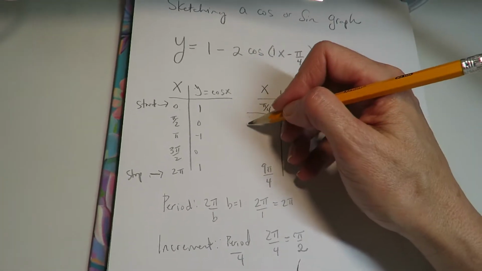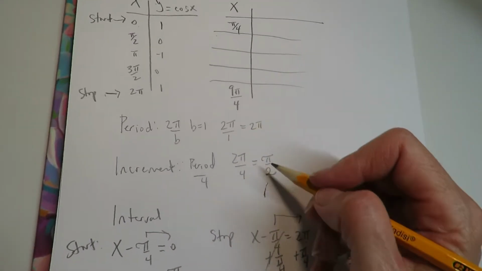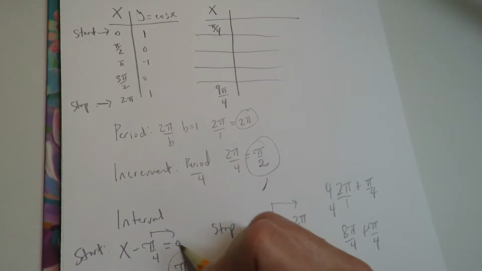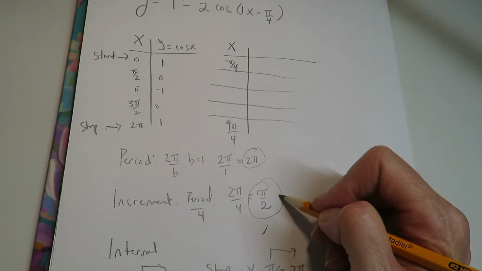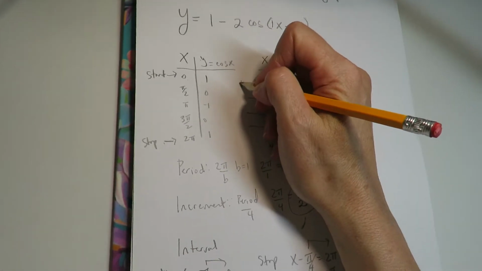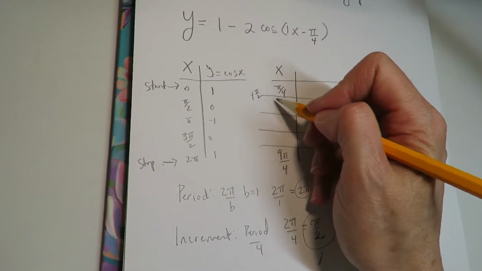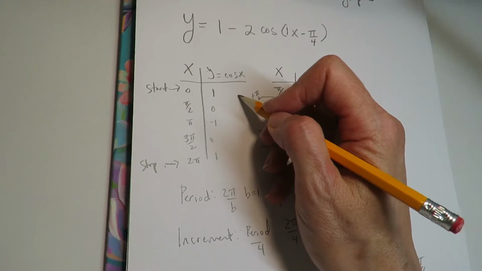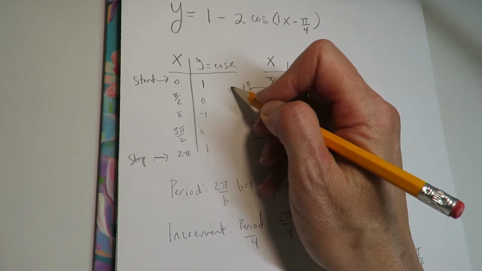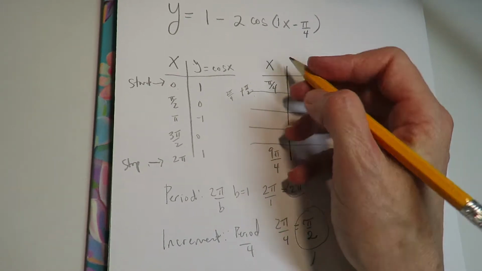And then to get the x values in the middle, you're going to add by the increment. Okay, the increment is pi over 2. So you're going to keep adding pi over 2 until you get to here. All right, so if we add pi over 2, since you need an LCD, it's going to seem a little bit more like you're adding 2 pi over 4, so that you have the same denominator when you add these.